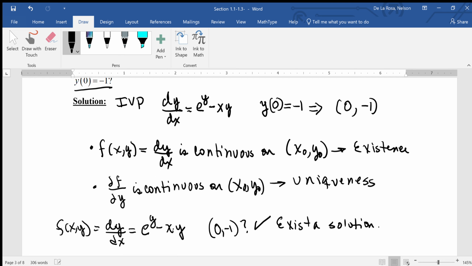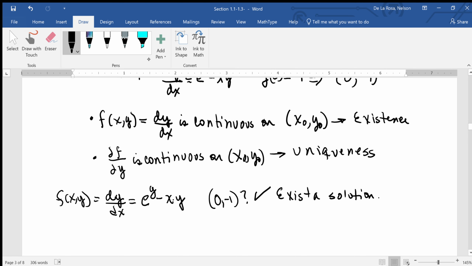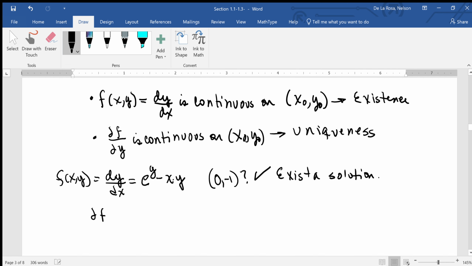Okay. Now, trying to find the derivative of f with respect to y. If we find this partial derivative, remember, x is going to be like a number, like a constant.